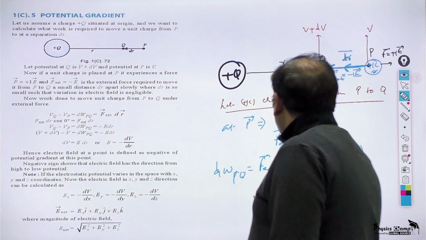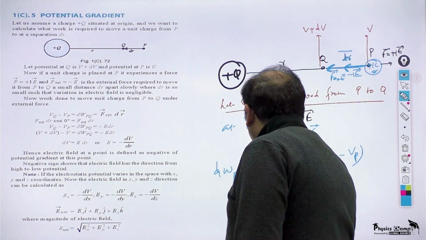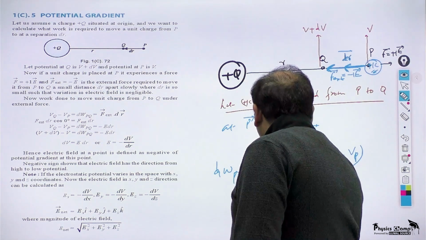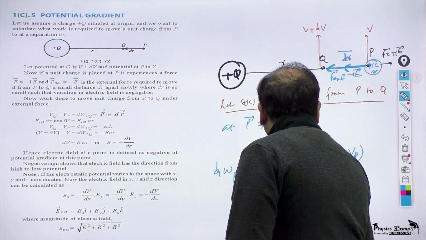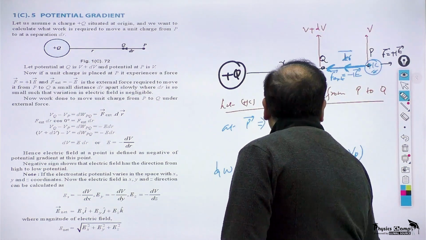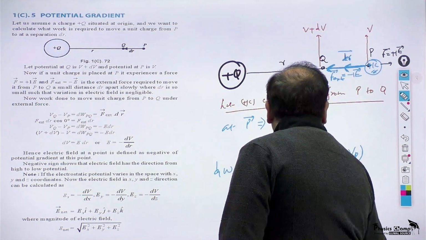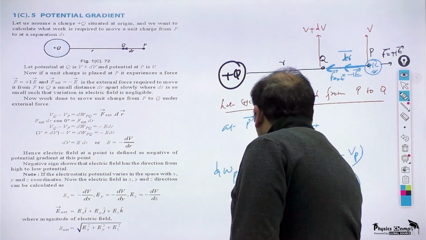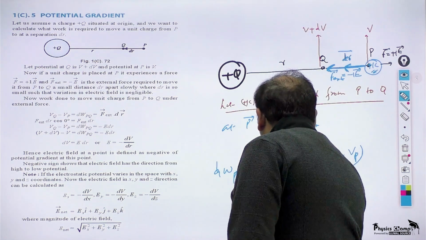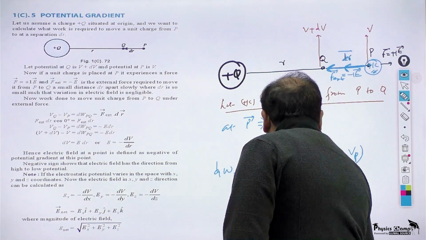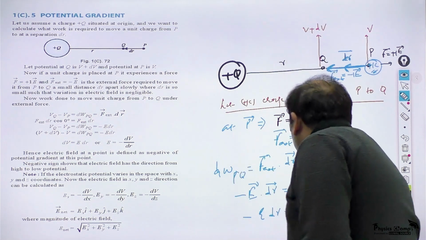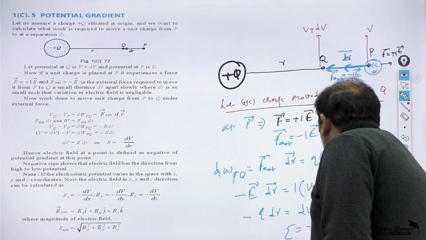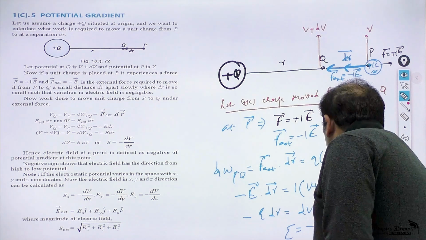Now external force is minus E. dr is also in the same direction. Charge is 1 coulomb. VQ is V plus dV. VP is V. So we are getting minus E dr cos 0 as dV, and we are getting that relation, E is equal to minus dV by dr.